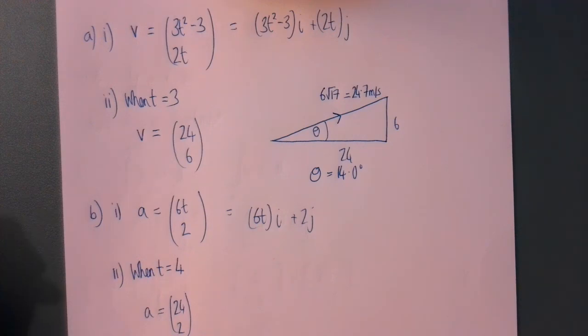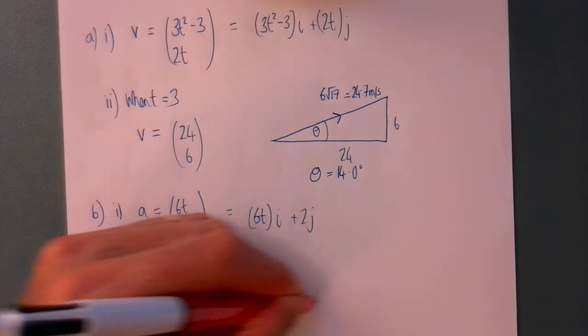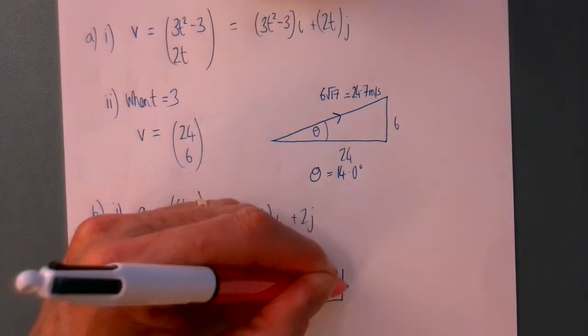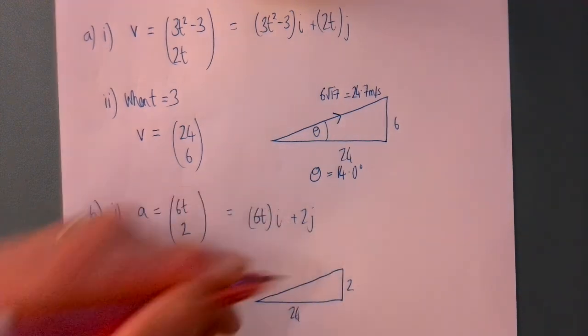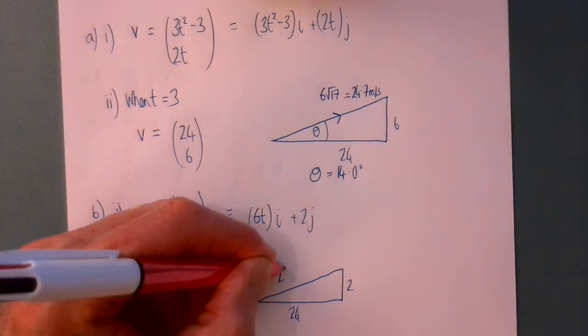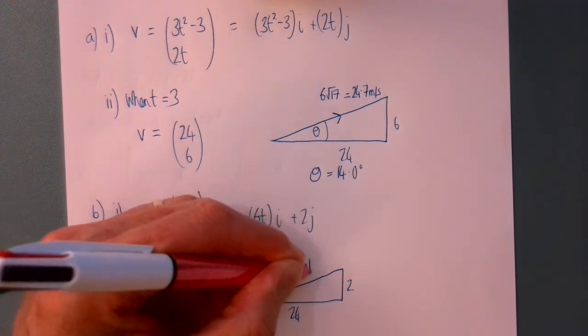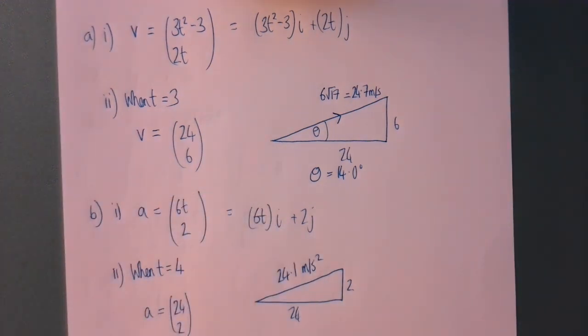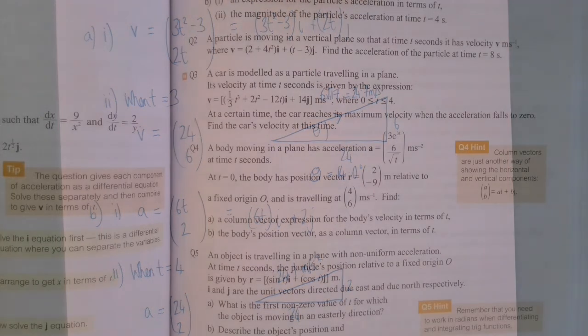So that is the acceleration, and its magnitude will be the square root of 24 squared plus 2 squared, which is 24.1 meters per second squared when rounded to 3 significant figures. Easy peasy.